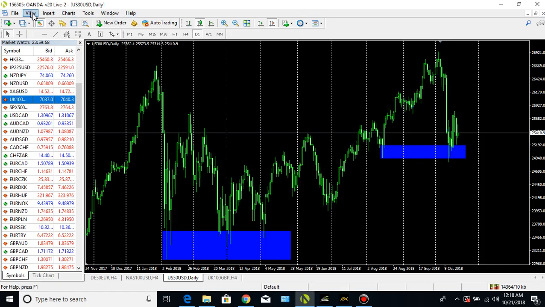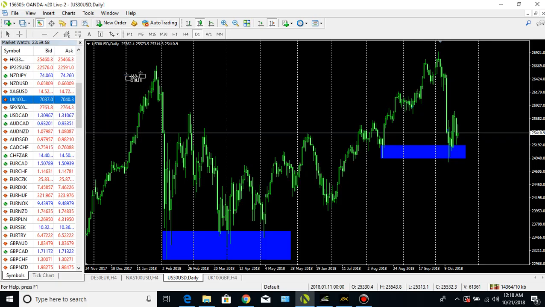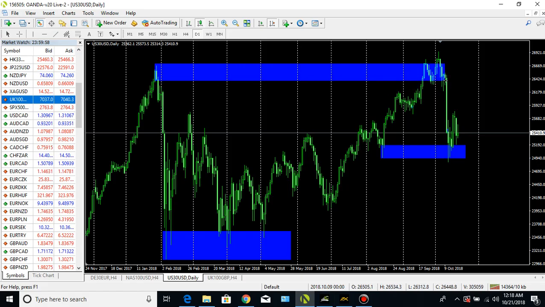You look at this being a supply, right? As you can see, supply would have failed you because price did what? Seemingly broke out of the supply zone, right?